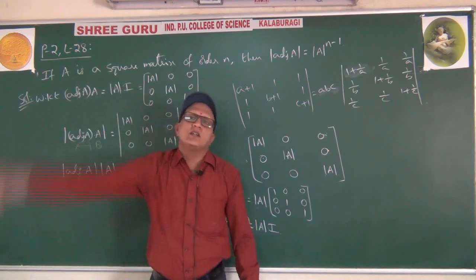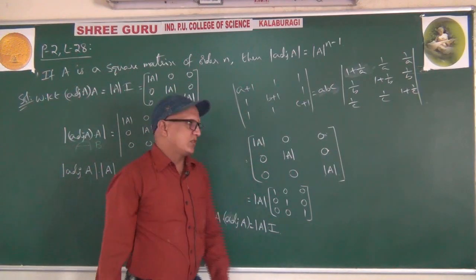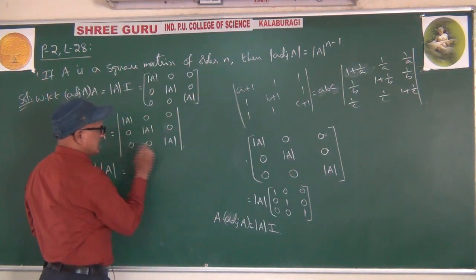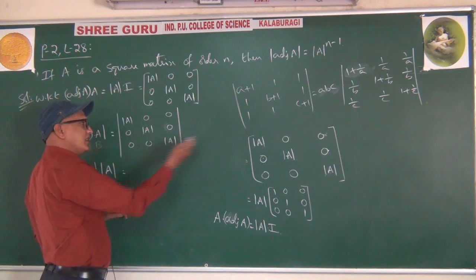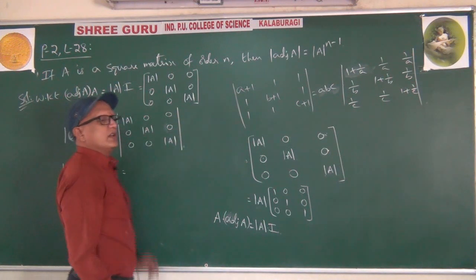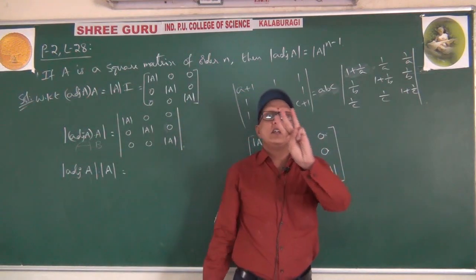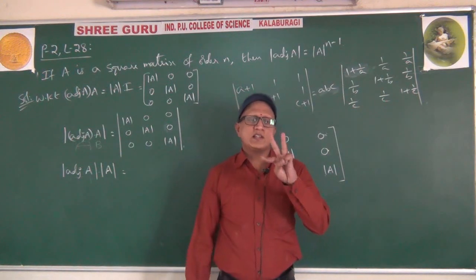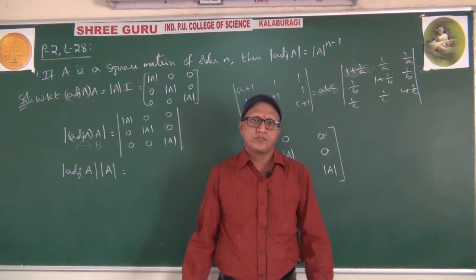From the complete determinant, x common should be there, then only it is possible. Here x common from first row, x common from second row, x common from third row. It becomes x into x into x, 3 times x outside. It becomes x cube. Right?